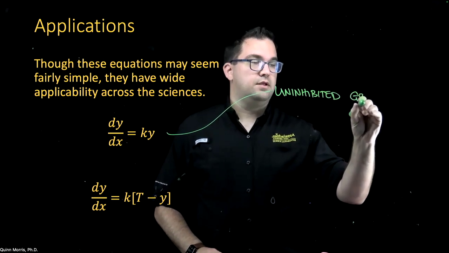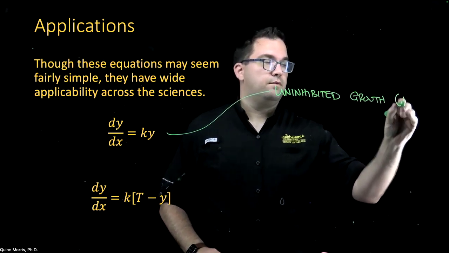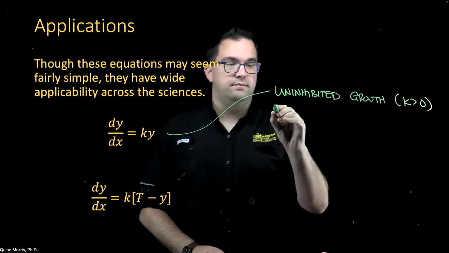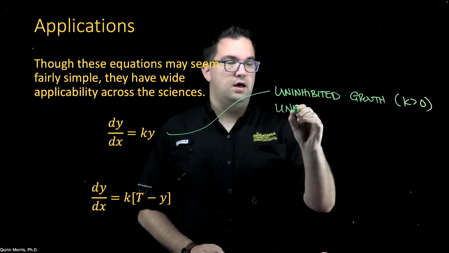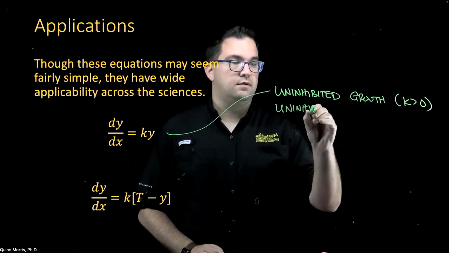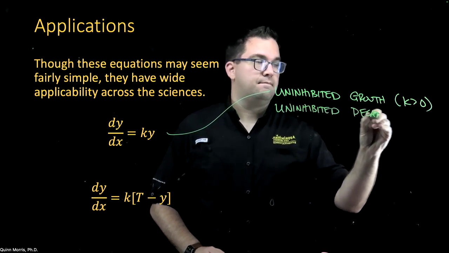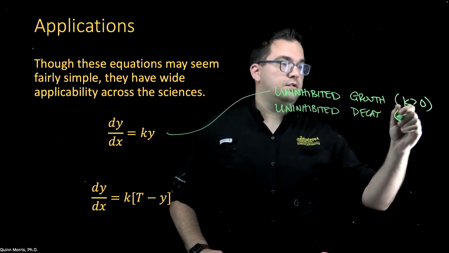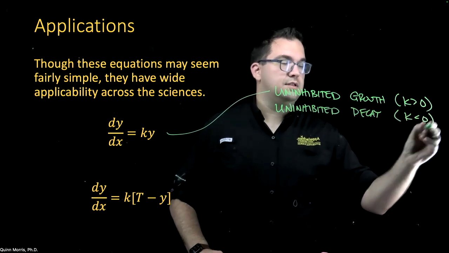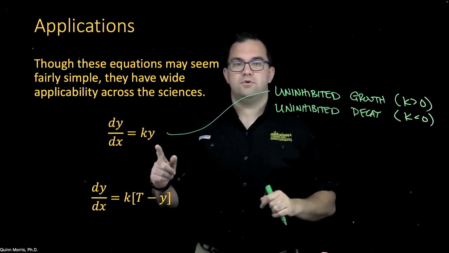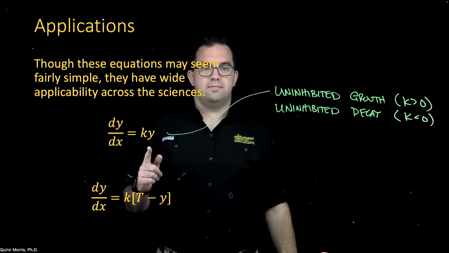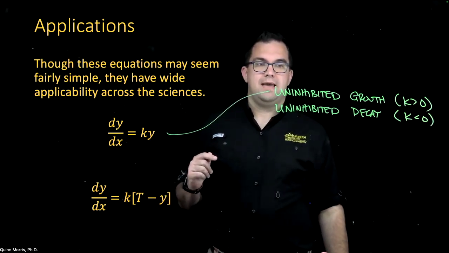So we get uninhibited growth when K is positive, and we get uninhibited decay when K is negative.